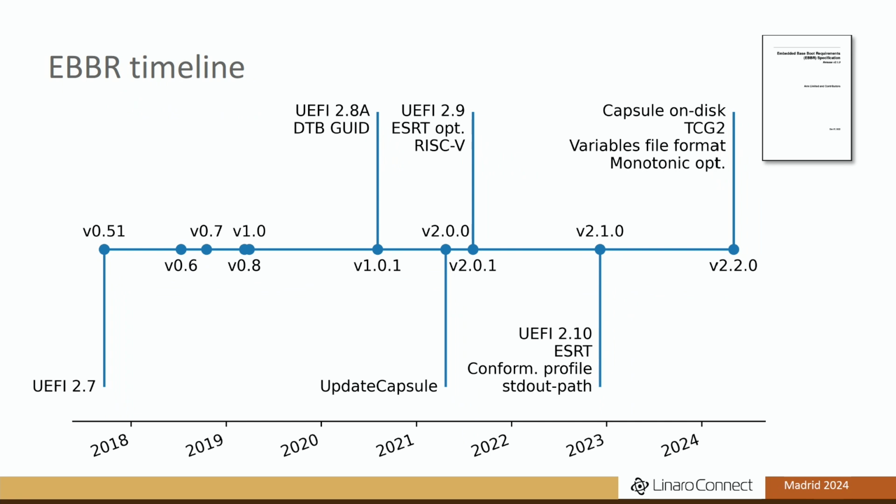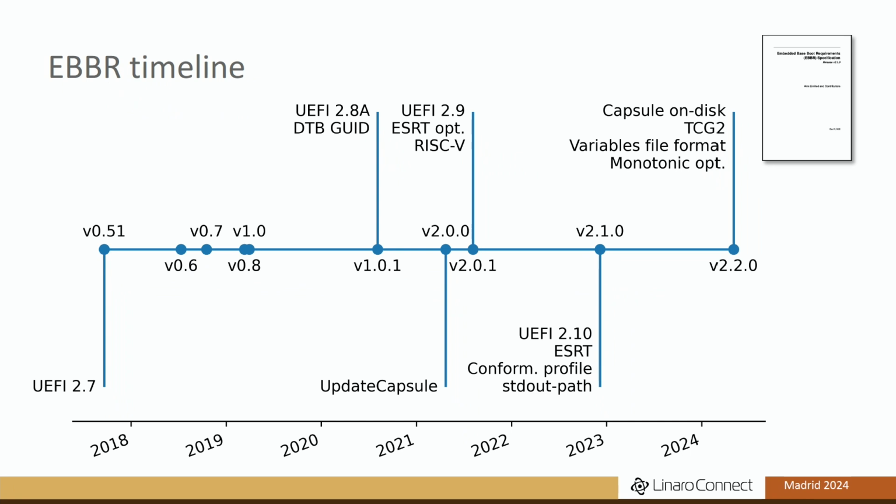This is more feature-driven, and that is a fairly mature document now. Also on the right, we are showing the yet-to-come version 2.2.0, which is basically ready but not out yet, but it's due very soon.